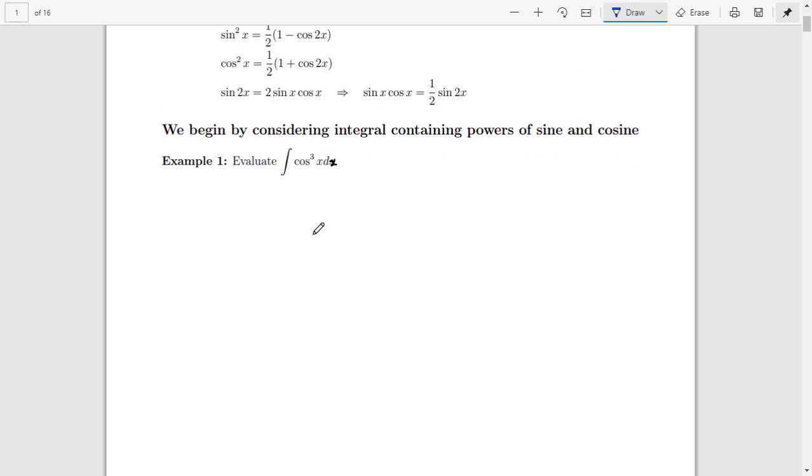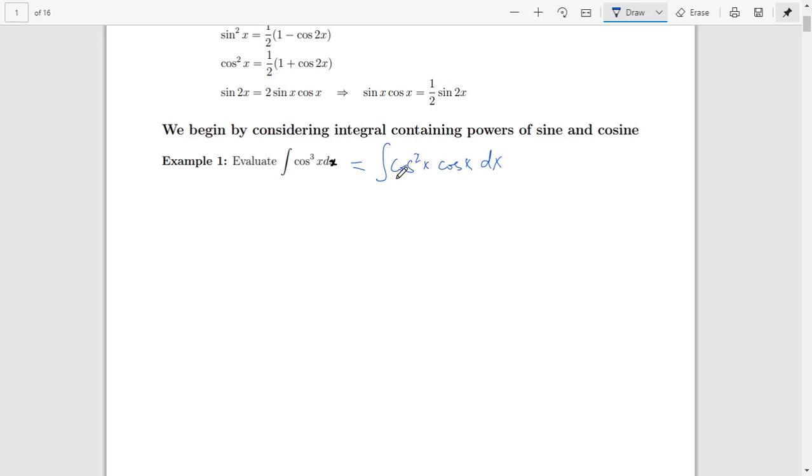Now, suppose we are asked to integrate cosine cubed of x dx. To do this, I'm going to split this to have cosine squared of x multiplied by cosine x. I just factored out one cosine here to get this.